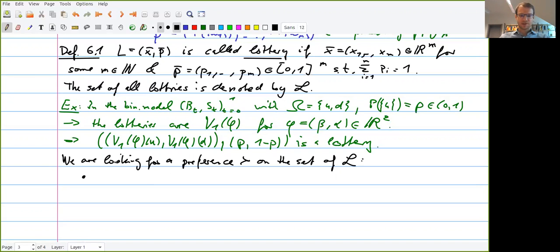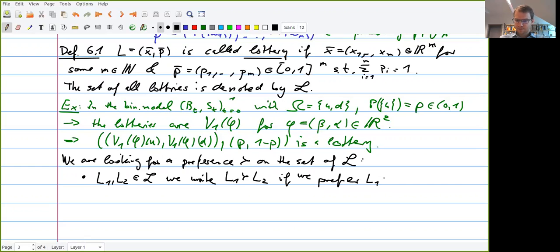So what does this mean? If we have two lotteries, we write L1 is preferred to L2 if we prefer L1 over L2, right?